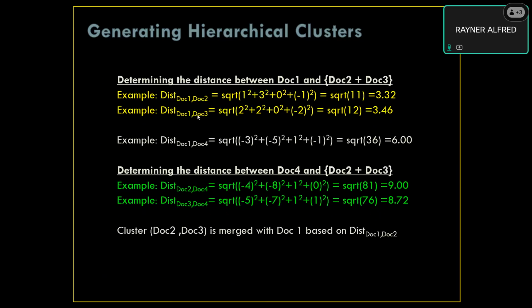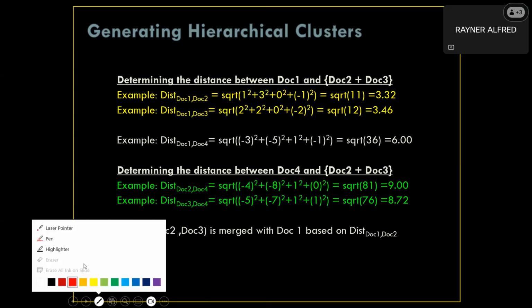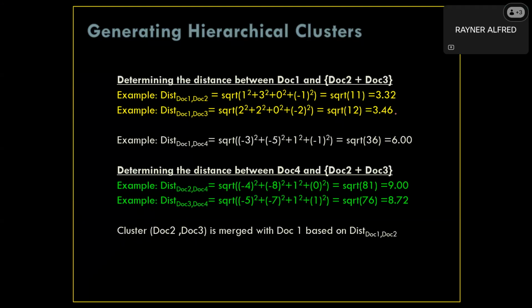So since we are using minimum distance, which means that we choose the one that is the nearest, right? So we will use this distance. And similar to document 4 to the new cluster, we will use this one.